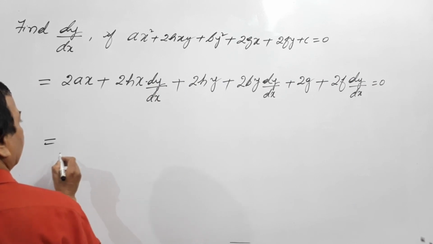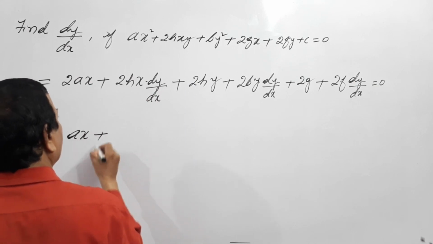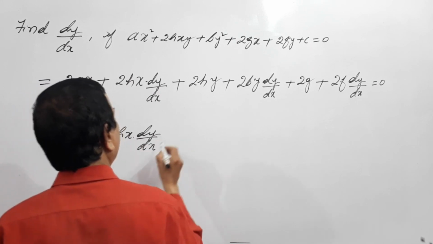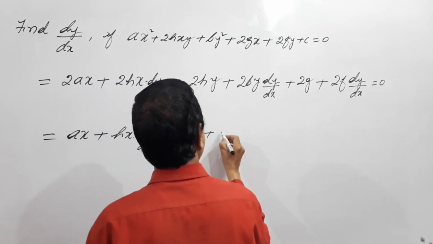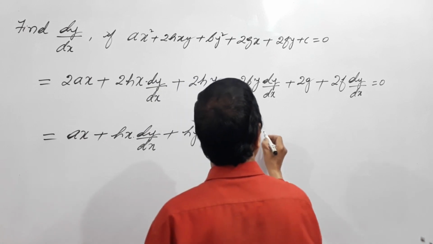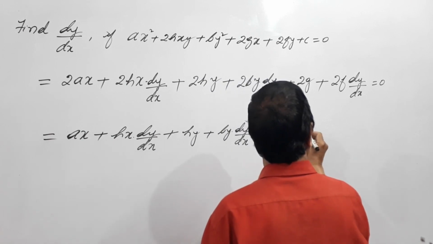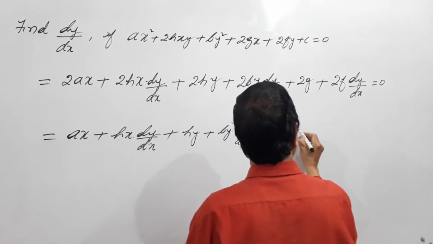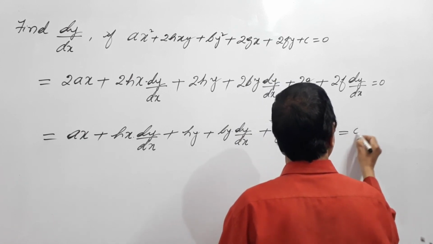This becomes ax plus hx dy by dx plus hy plus by dy by dx plus g plus f into dy by dx equals to 0.